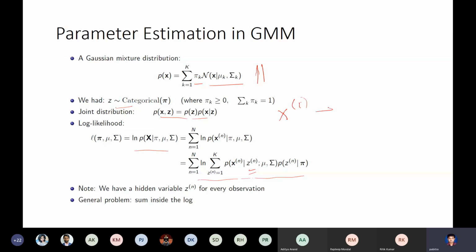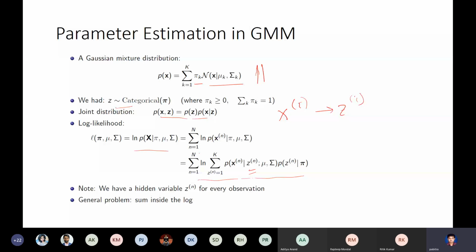Every xi has a latent variable zi, which is basically which Gaussian component that xi belongs to. In fact, it's not exactly which Gaussian. It's a vector associated with every xi, denoting the probabilities of belonging to Gaussian 1, Gaussian 2, Gaussian 3, up to Gaussian k. So this is the first problem.